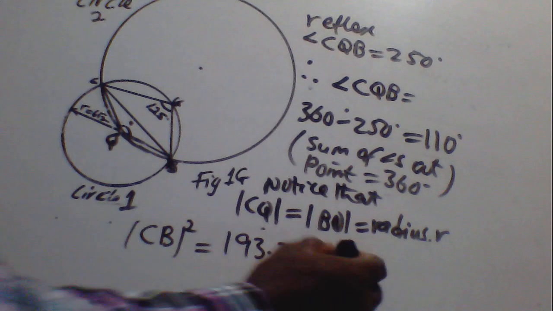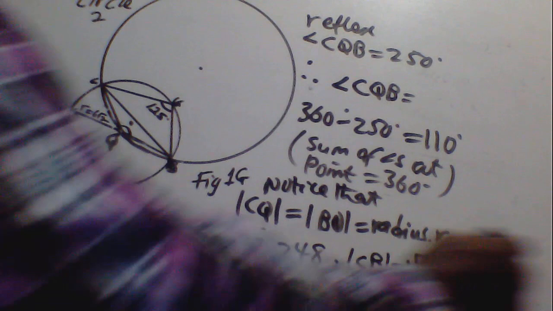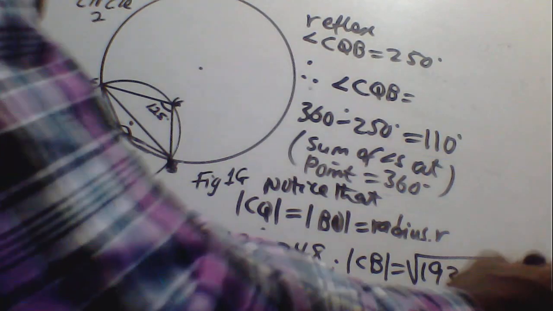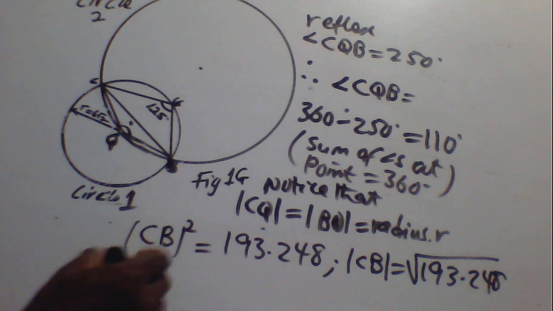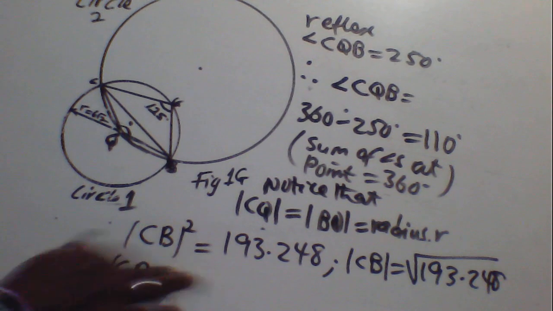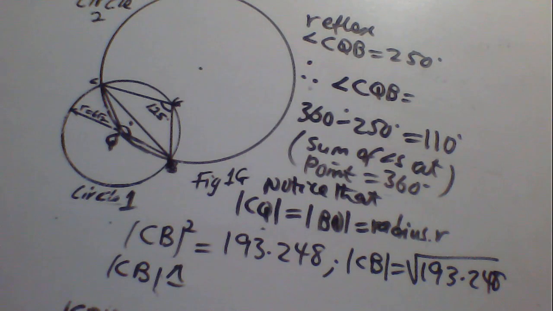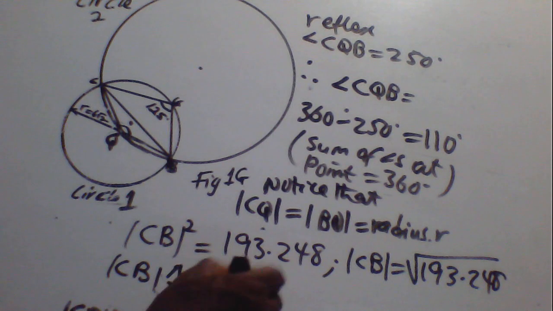In this case we have to find the square root of both sides. The square root of 193.248, CB is approximately equal to 13.9014.